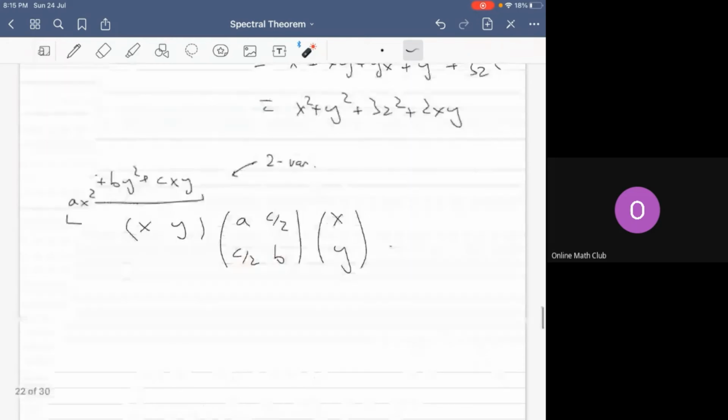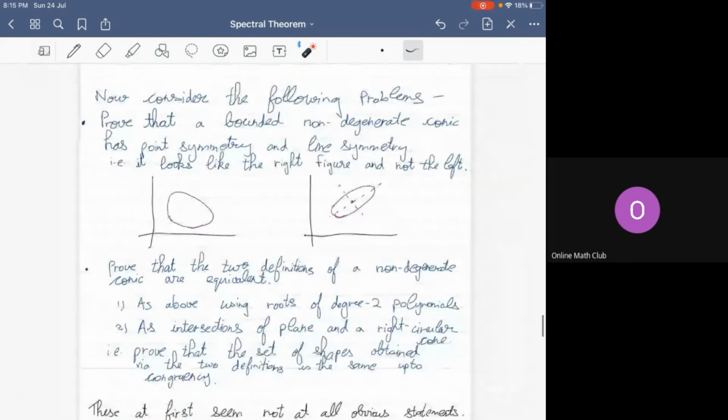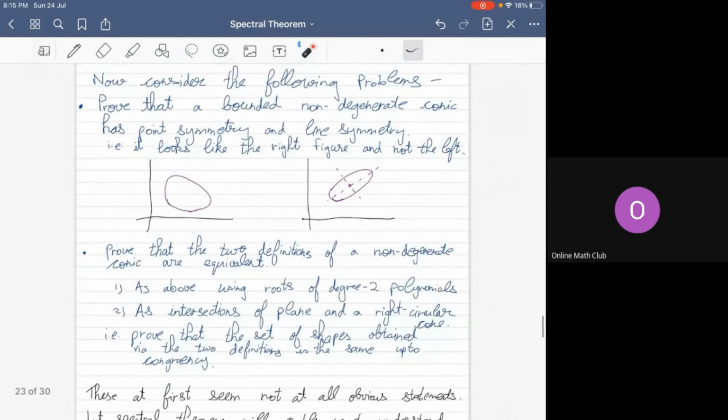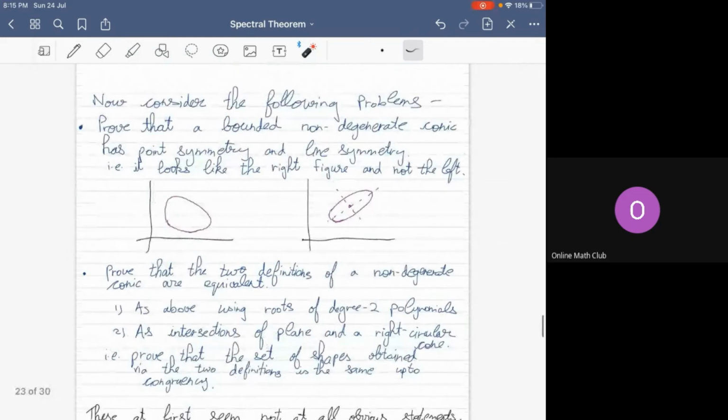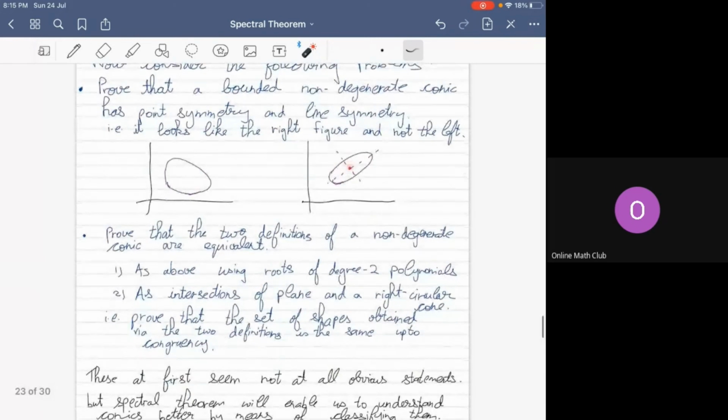Now these are the questions that I mentioned: why does the root of a quadratic equation not look like this but have this weird symmetry, which is point symmetry as well as 2 line symmetries?